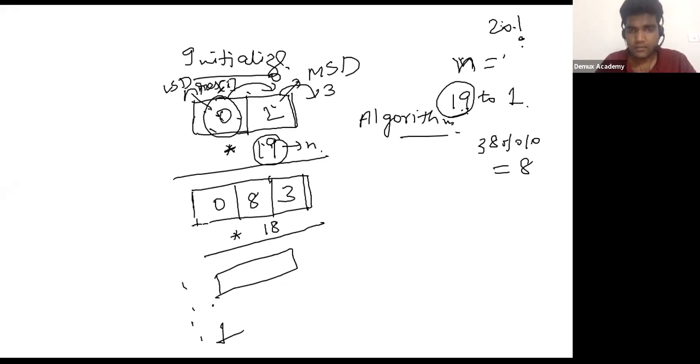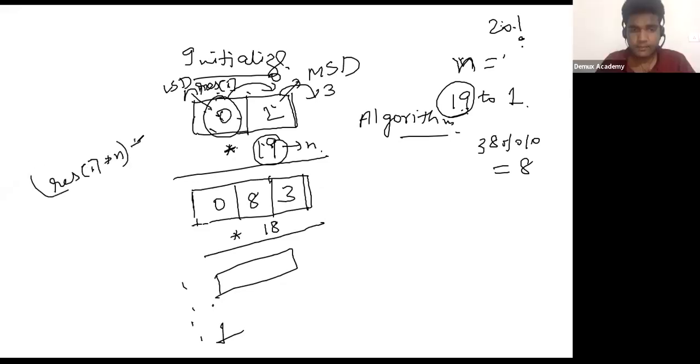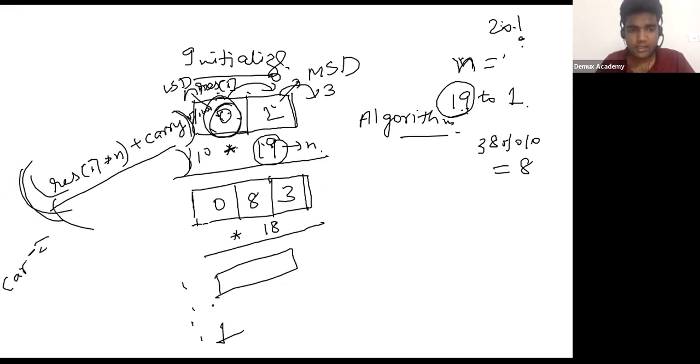So you are multiplying result of i with n and you are adding carry to it, right? This is the total product. And then you are only copying the modulo 10 part of it here. And this entire thing by 10 becomes the carry for the next round of iteration.